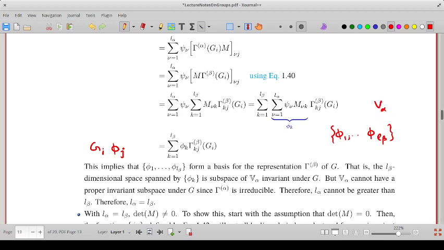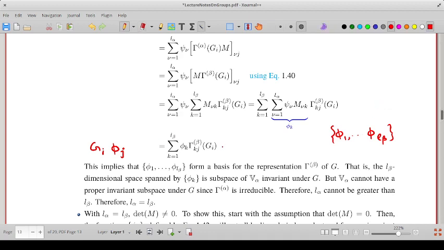It's a subspace of V alpha because these are all linear combinations of psi alpha which were a basis in V alpha, and therefore all these vectors should lie in V alpha, and therefore this vector space spanned by these vectors will also be a subspace of V alpha.